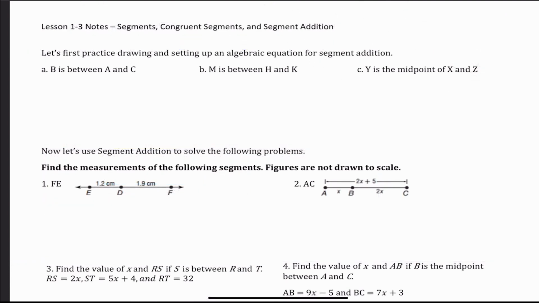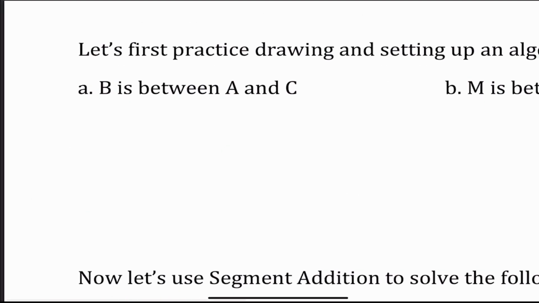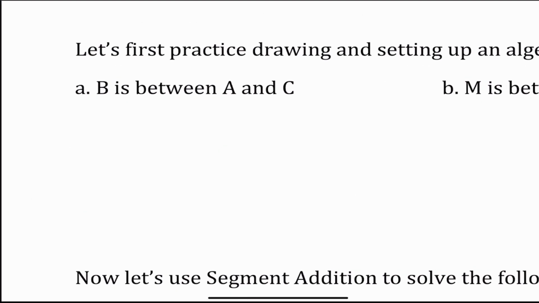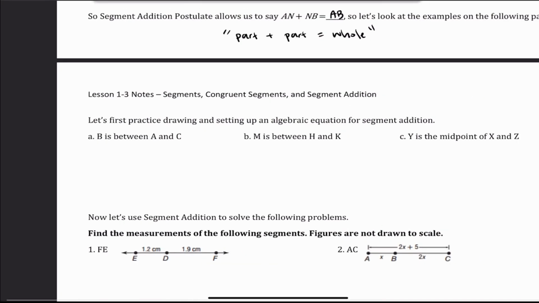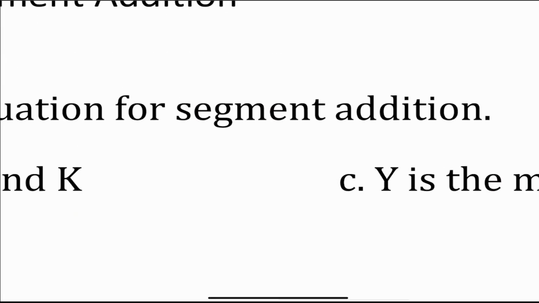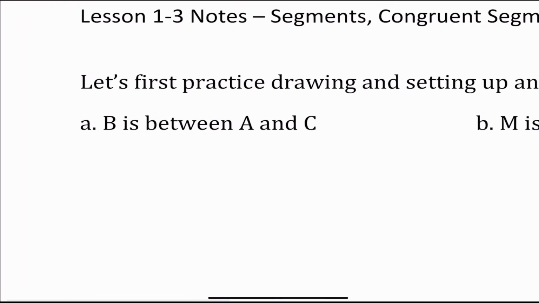So here's the next page. We're going to practice drawing and setting up algebra equations for segment addition, just so we have an idea. All right, B is between A and C. How do we draw that? Well, we're dealing with segments, right? So A and C, it implies that those 2 points are our endpoints.